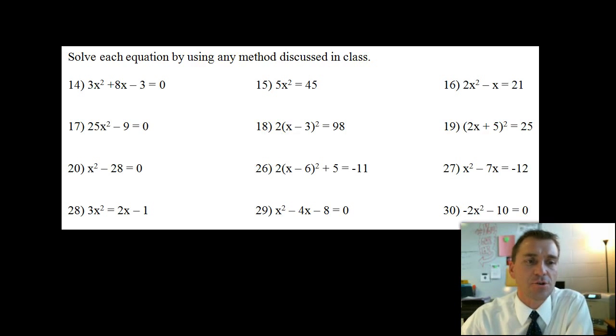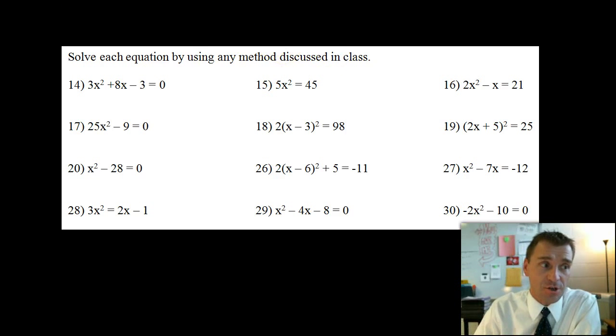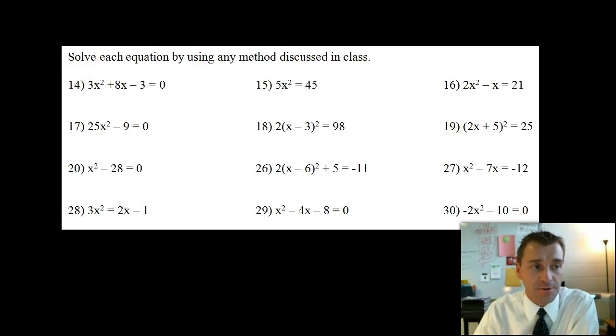So which ones can you use the square root method on? Well, where there is only one visible x is where you could do that. I'll circle the ones where it is true. This one right here has two visible x's, so no, I would not use the square root method. It would not work in that particular case. This one has one visible x, so the square root method would work.